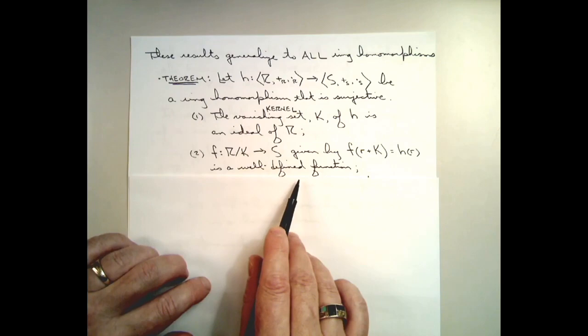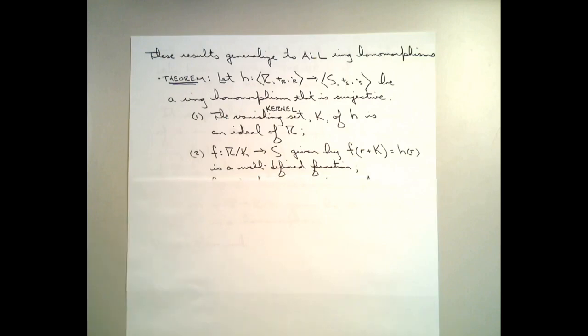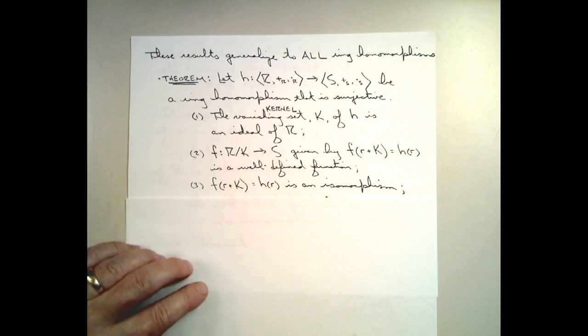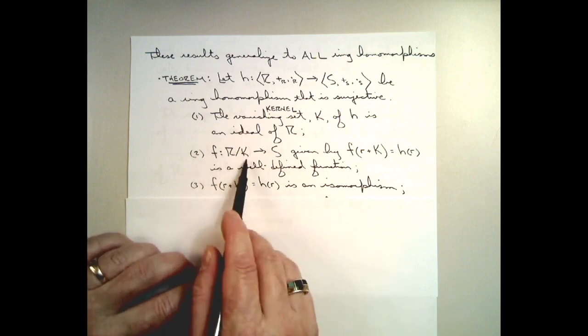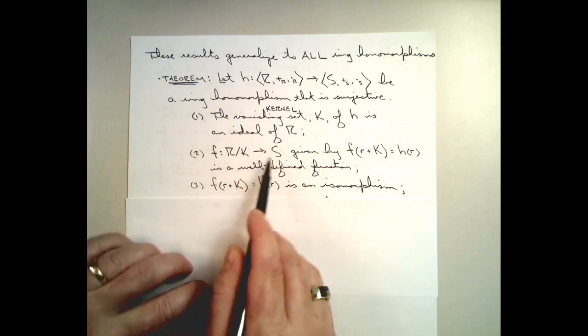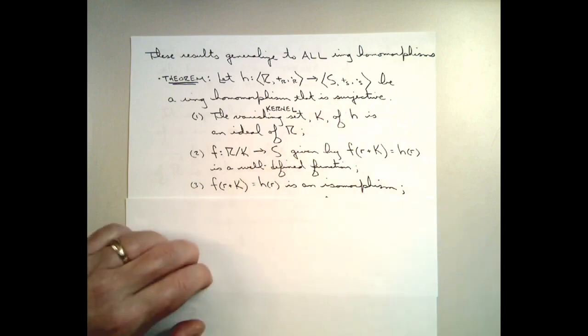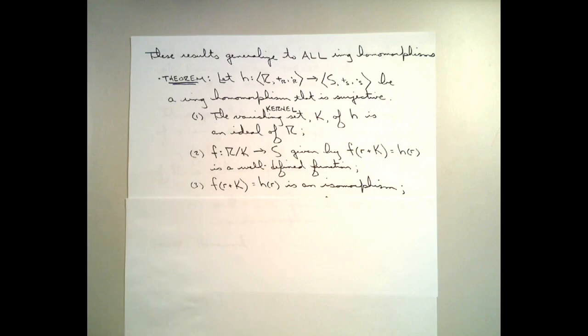You may recall that we had to spend a little bit of time talking about that whenever we were looking at group homomorphisms. But not only is it a well-defined function, it turns out to be an isomorphism. And so every time, the quotient ring, the ring mod the vanishing set, is isomorphic to the codomain of H.